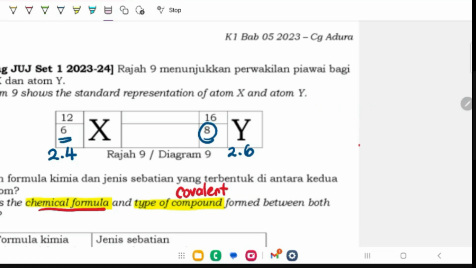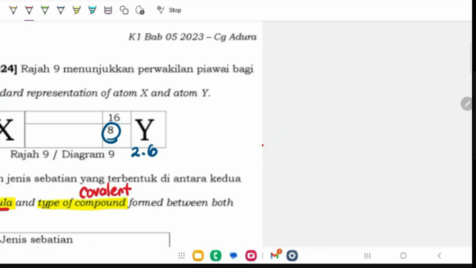Wait now. I try to find why it cannot show the correct one. X is 4. Y is 2. Okay. So meaning that this one is 4. This one is 4. Okay, this one is 2. But you need to simplify it. So meaning that this one is 1. This one is 2.